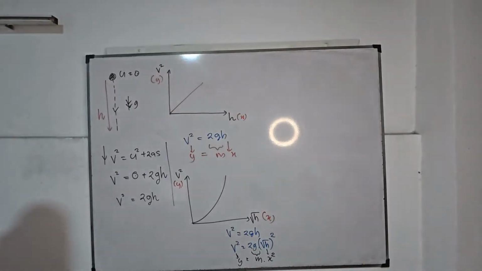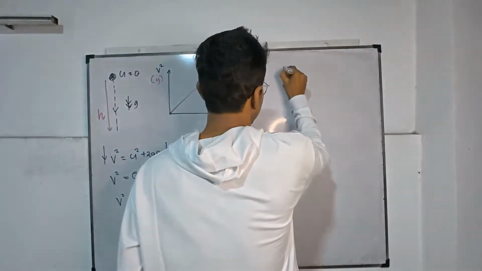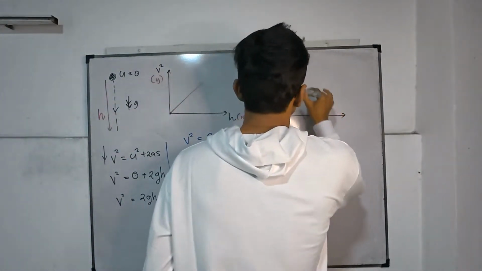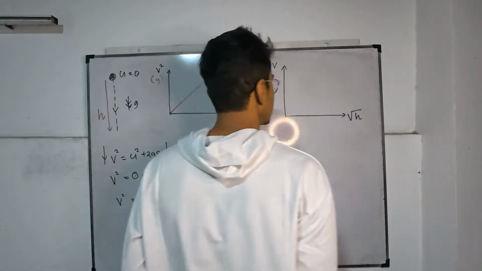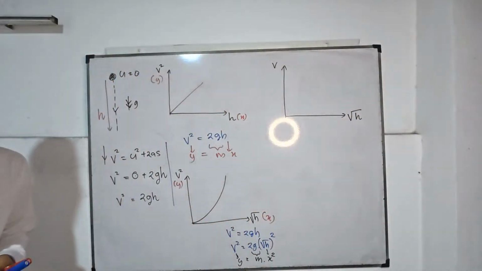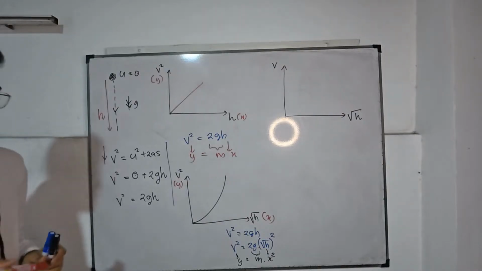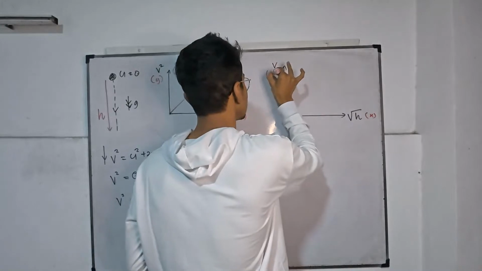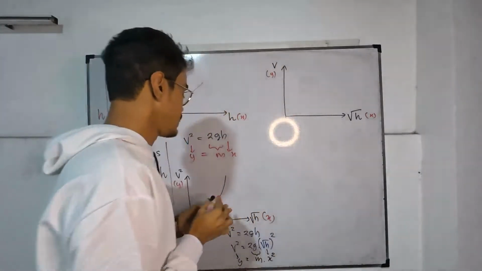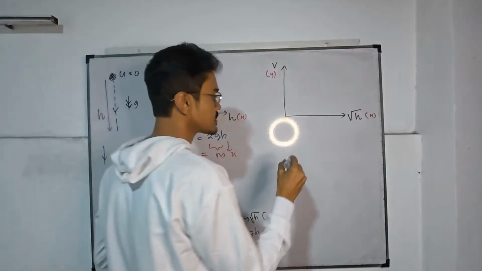Third one. V with root h. Root h is x here and v is y here. Again the equation is the same, v squared equals 2gh.